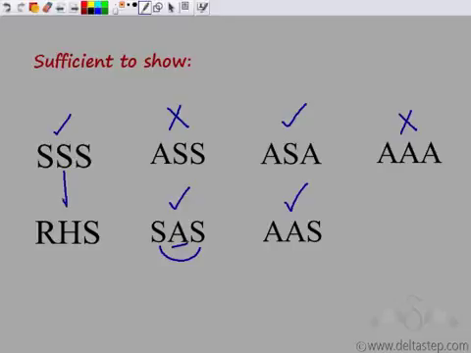It's a special case of SSS only, which is RHS. This holds only in right triangles. It is sufficient to prove congruency when you have a hypotenuse and one side of one right triangle equal to the hypotenuse and one side of the other right triangle. Now, let us try to look at each of these sufficient cases.